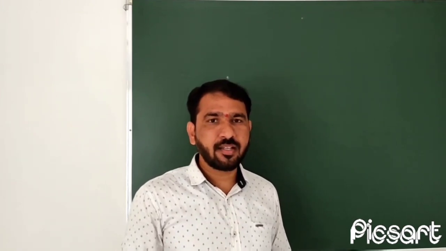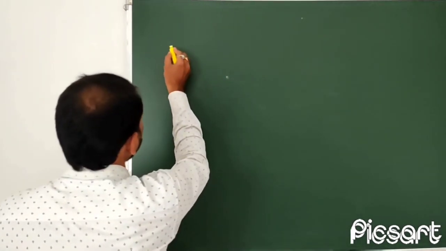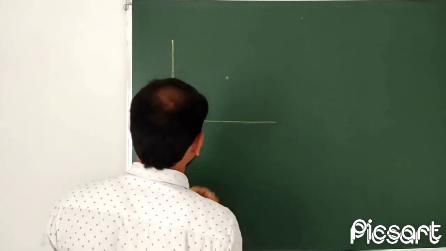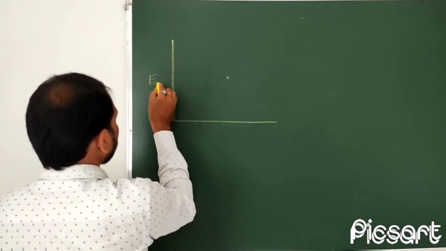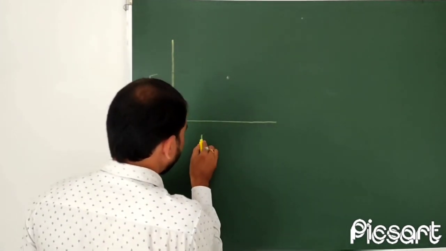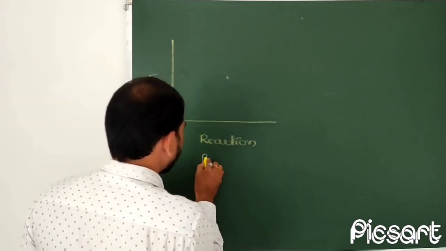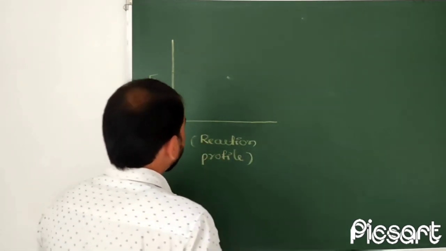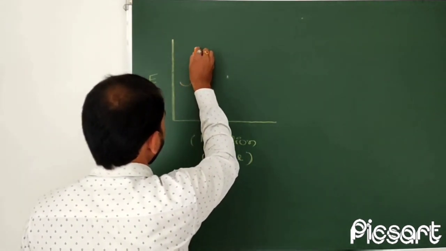That is explained by the thermodynamic graph. Let me discuss the thermodynamic graph. On the y-axis, energy is taken. On the x-axis, the reaction profile. Then the graph is like this.